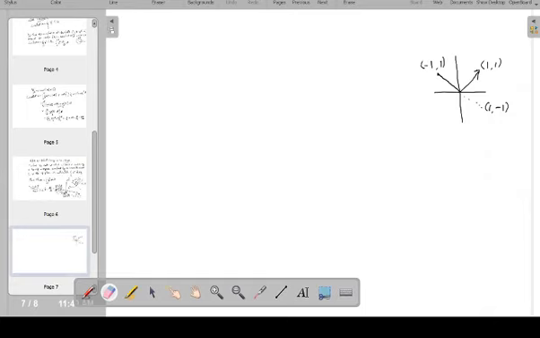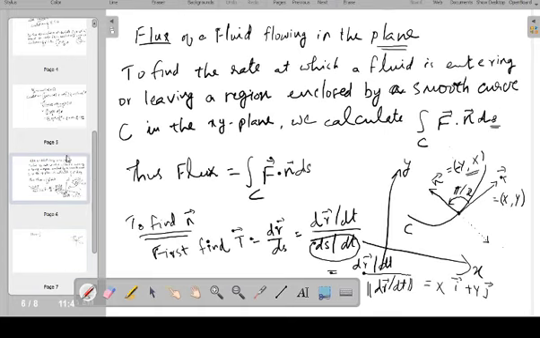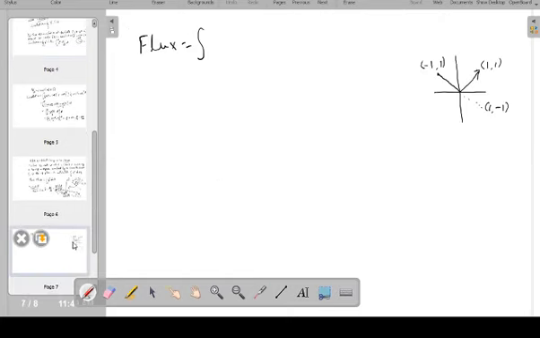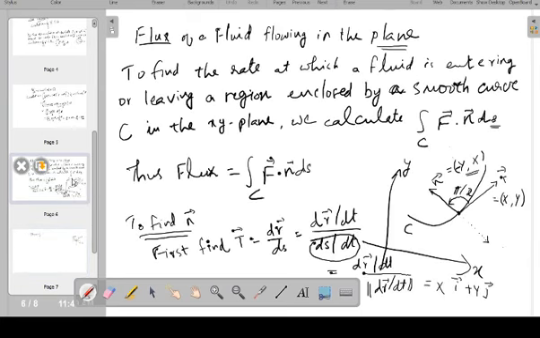Flux is equal to integral... Where is the slide which I wrote just now?